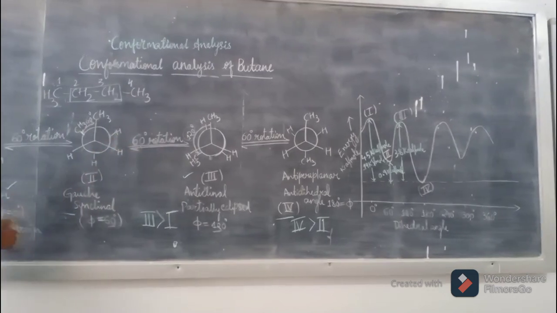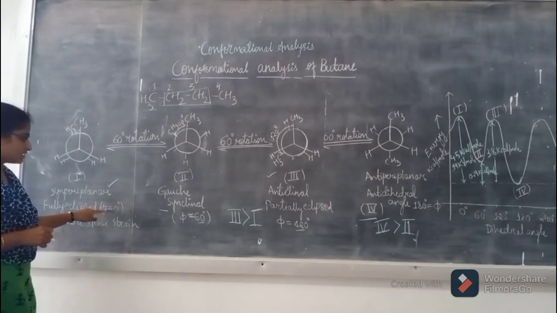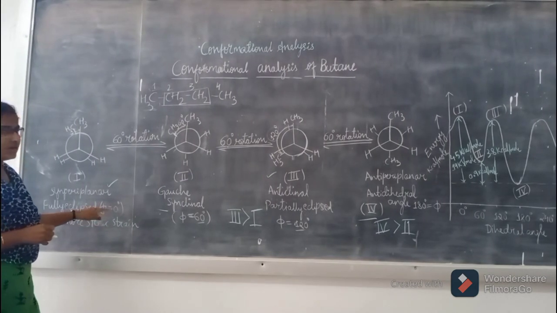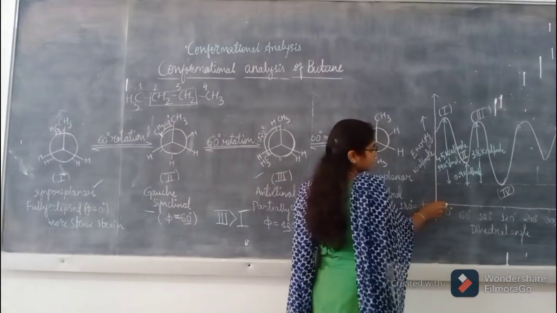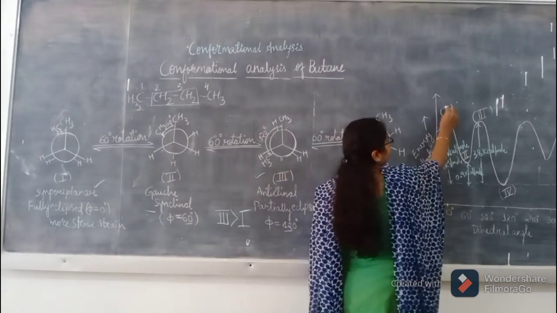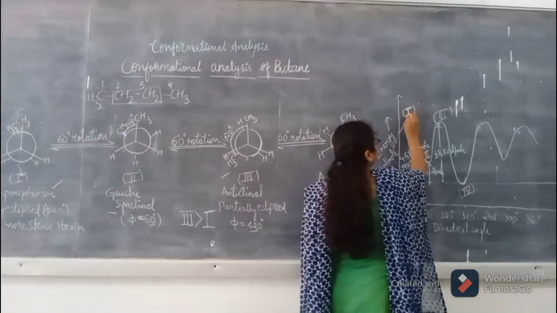The first conformation has the dihedral angle 0 degrees. Here is 0 degrees. So here we will write the first conformation, that is the fully eclipsed conformation.